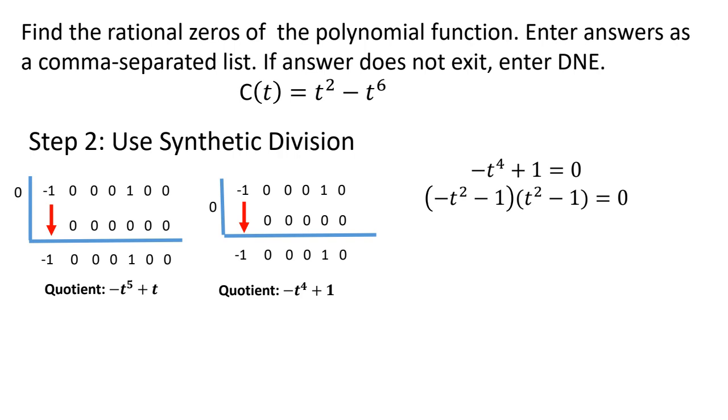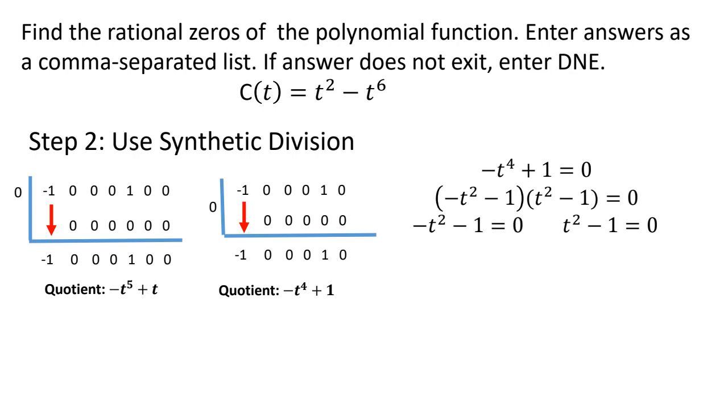This is what I was thinking of doing, and I went ahead and did it. We're going to factor this into negative t squared minus 1 times t squared minus 1. If we solve for this, we see that for the first one, t is equal to plus or minus i, since the square root of -1 is this imaginary value.